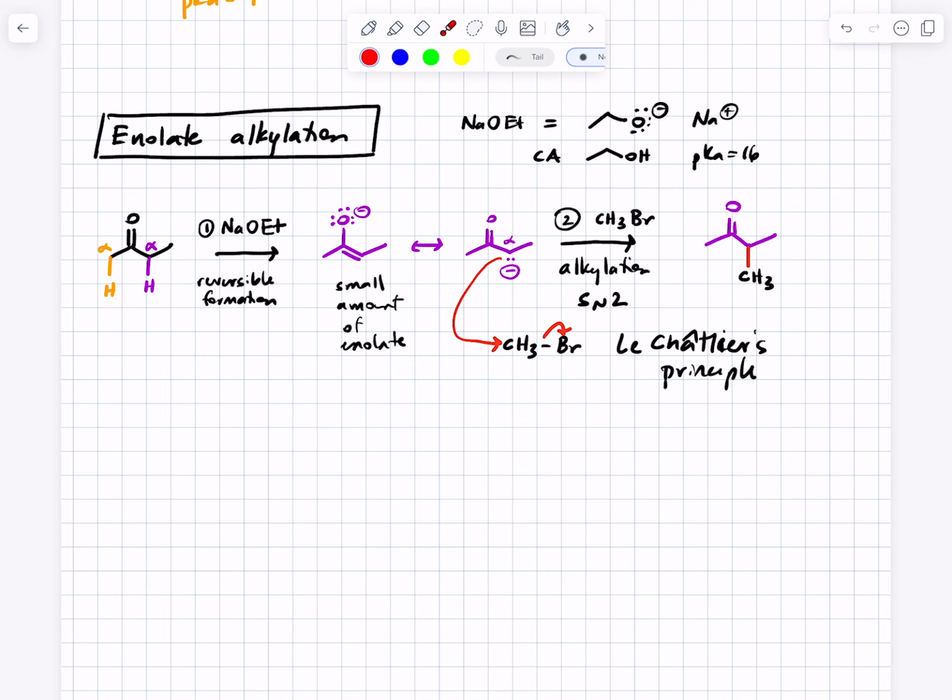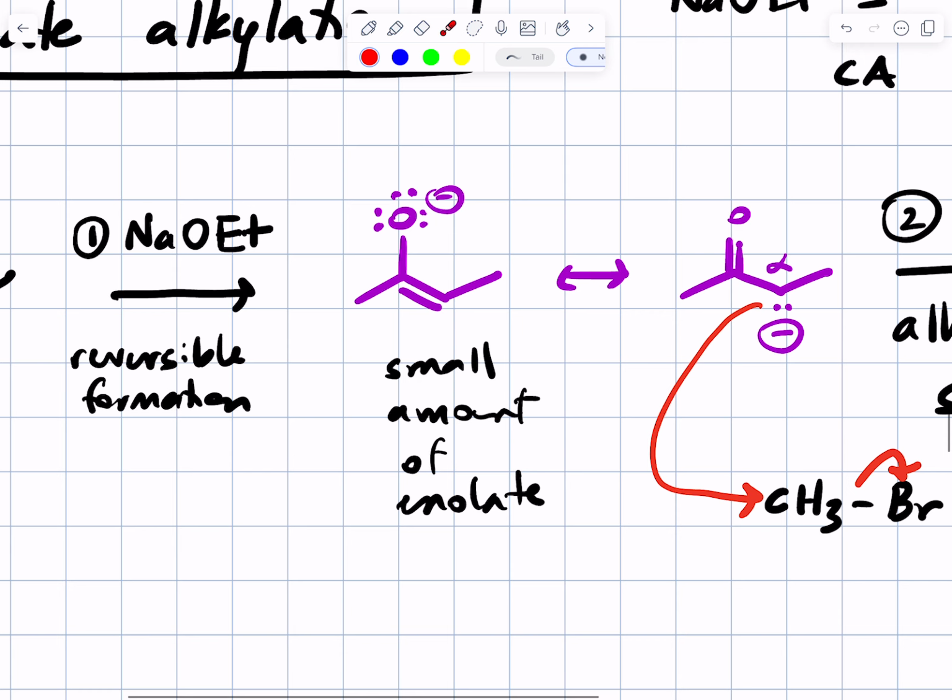Okay, yes? Someone mentioned it could form on the oxygen. Would that be like the methyl group just attaches to the carbonyl oxygen? Yeah, the question was that the enolate, of course, is nucleophilic both on the alpha carbon and on the oxygen. I explained briefly that enolates generally are more reactive on the alpha carbon than on the oxygen.